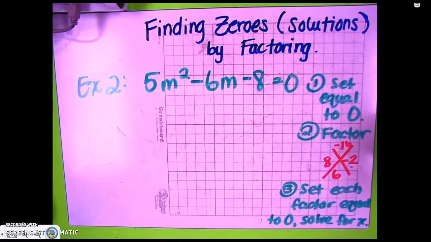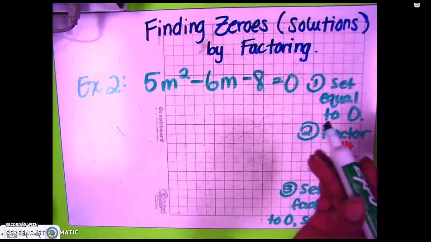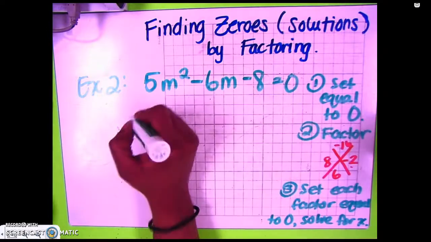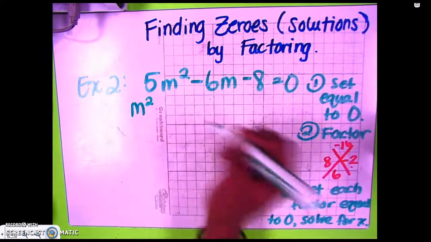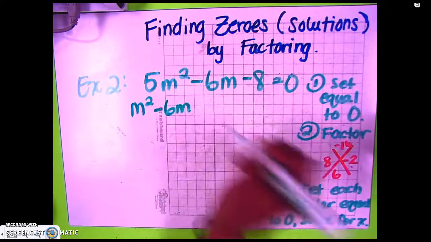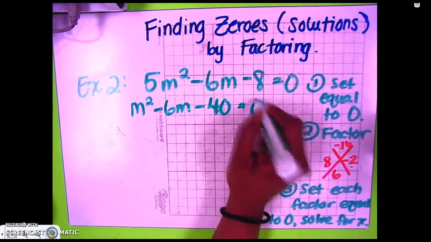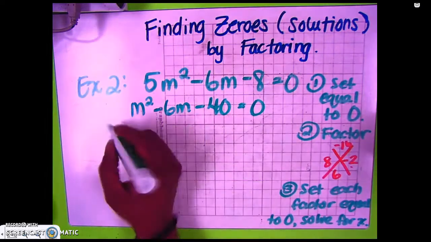Since 5 will not go into 6 and 8 evenly, I'm just going to go ahead and do bottoms up. So I'm going to multiply 5 times negative 8, and I get m squared minus 6m minus 40. Then I need to factor.